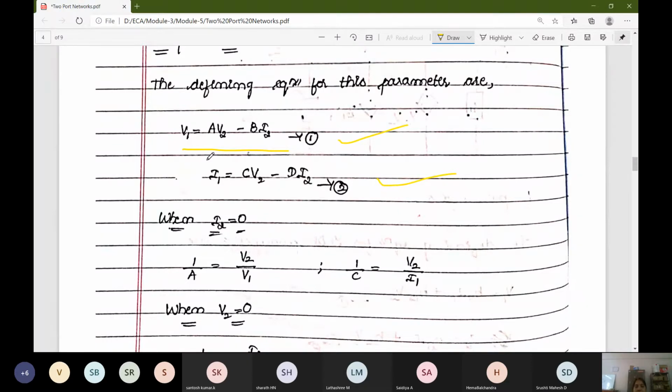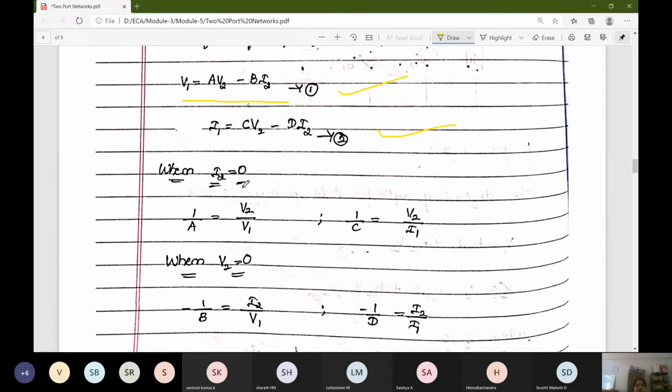So V1 and I1 are written. When I2 is made 0, the reciprocal is written here. 1 by A is equal to V2 by V1. So what will be A? A is nothing but V1 by V2. And 1 by C is V2 by I1.